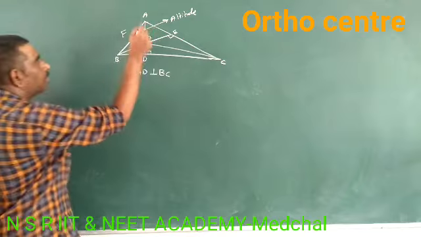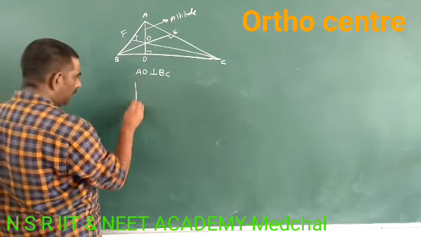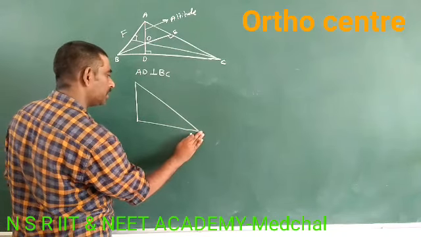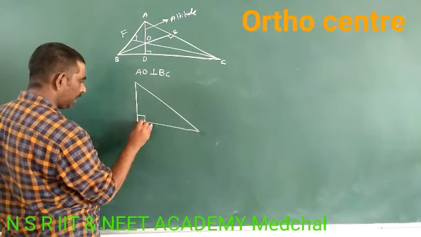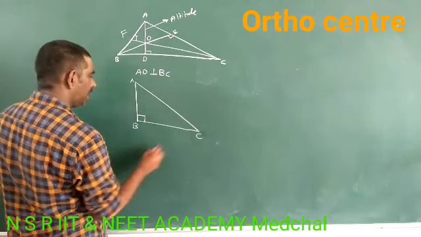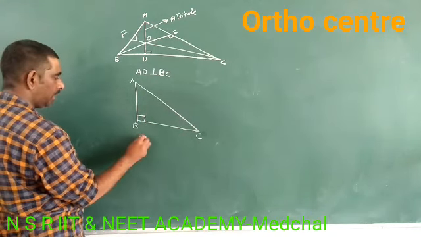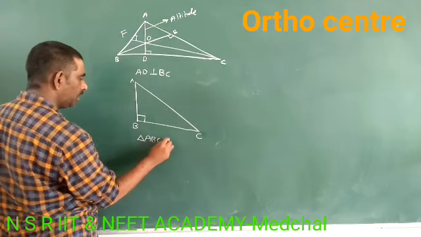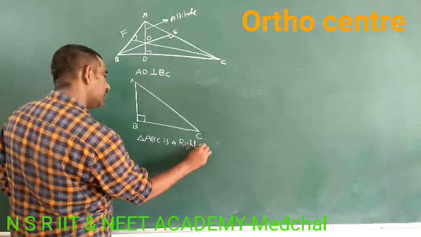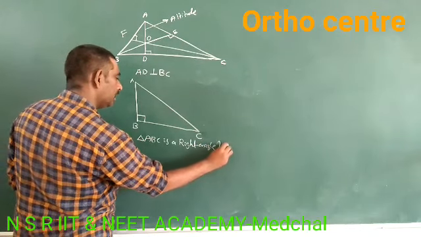It is denoted by O. In a right angle triangle, the orthocenter is present at the right angle. Suppose this ABC is a right angle triangle.